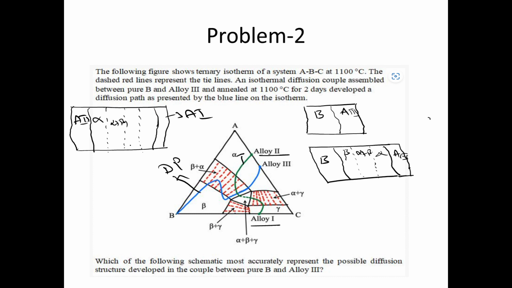Alpha plus beta plus gamma. I think I have to plot it bigger. I have missed that one.